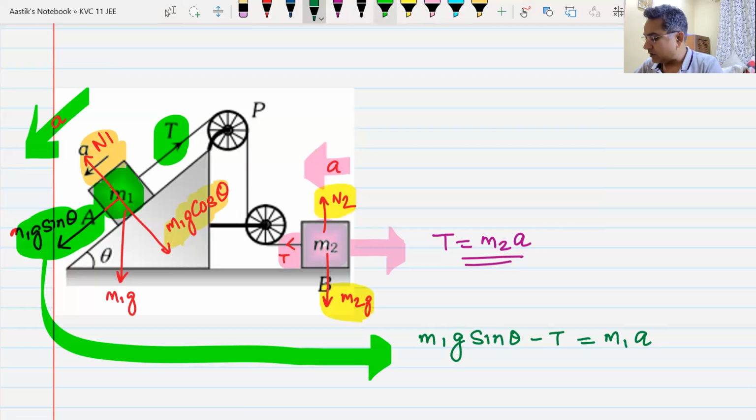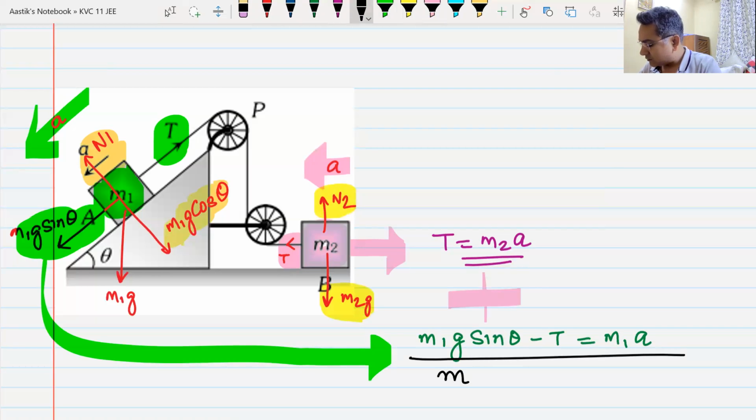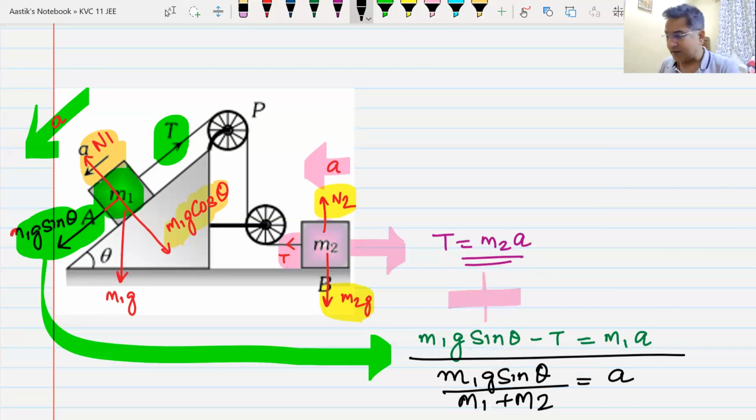What we got to do now is simply add these two equations and we will get our answer. M1G sin theta upon M1 plus M2 is going to be your A. You don't have to write all these equations.